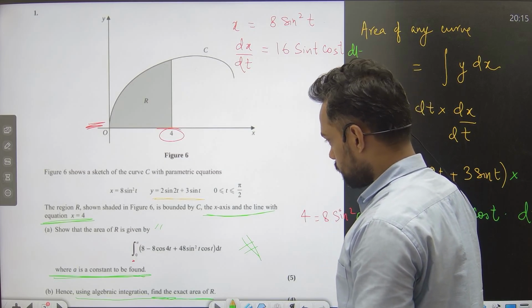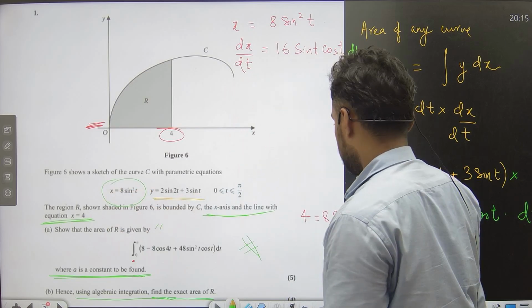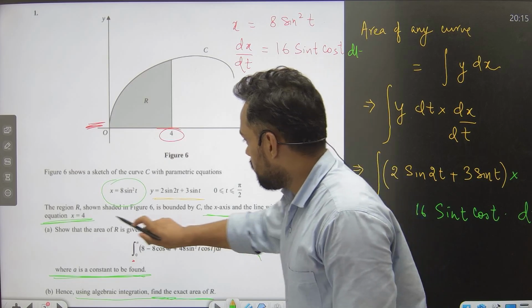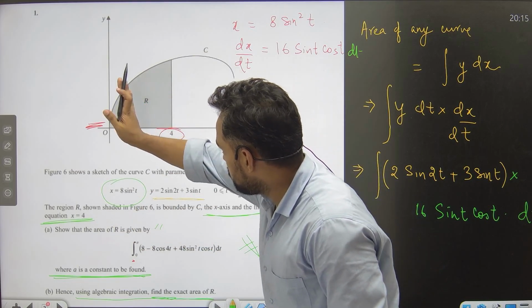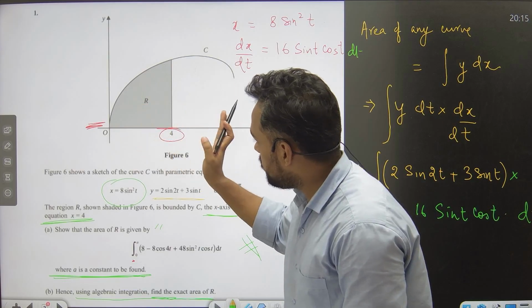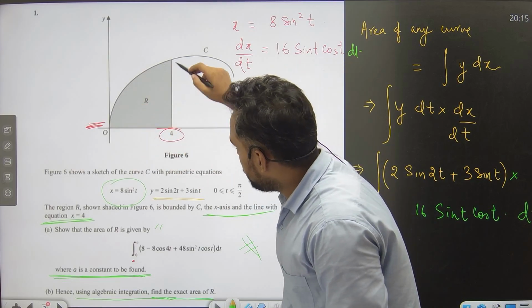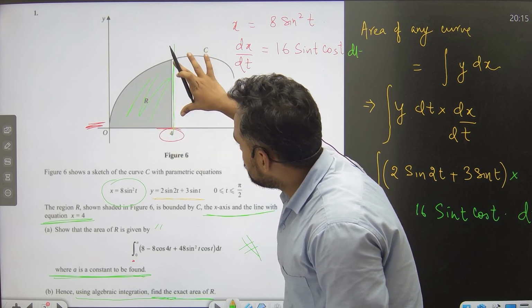This is x equals 8 sin square t. The upper limit of this equation is x equals 4, because this is the range to the left-hand side of this line, x equals 4. See, this region they have asked. So this will be the upper limit.